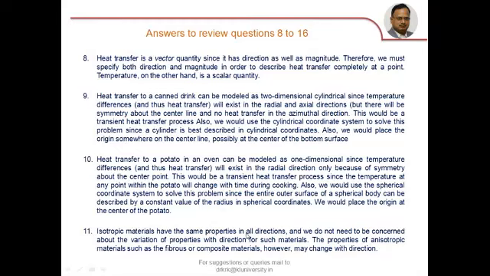Isotropic material means having the same properties in all directions, like Kx equal to Ky equal to Kz. Anisotropic means Kx is not equal to Ky is not equal to Kz. We have seen layered structures, fibrous materials or composite materials, where depending upon their grain shapes and sizes, the thermal conductivity may differ from one point to another.